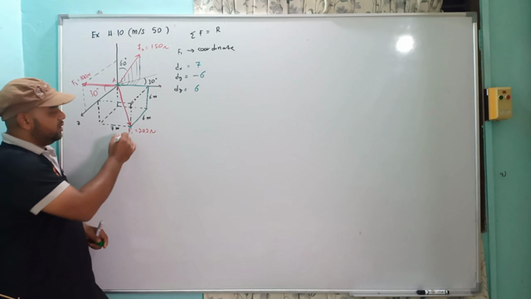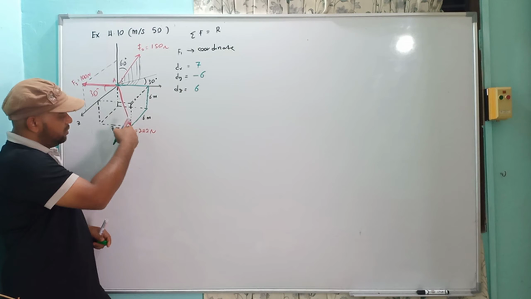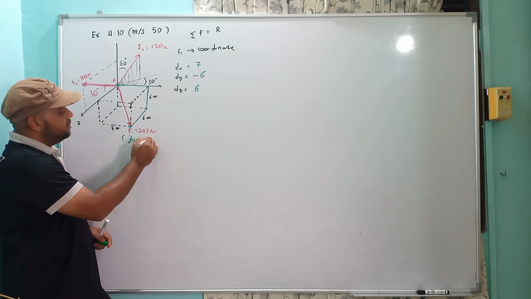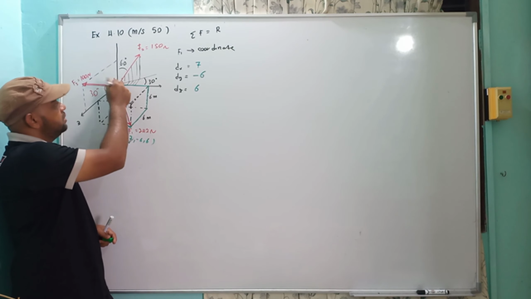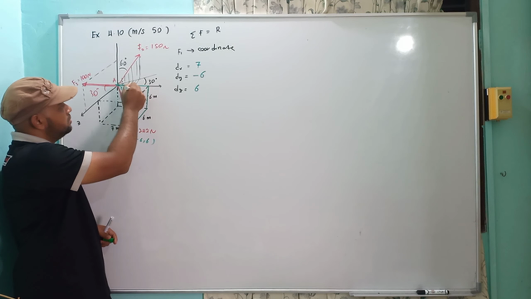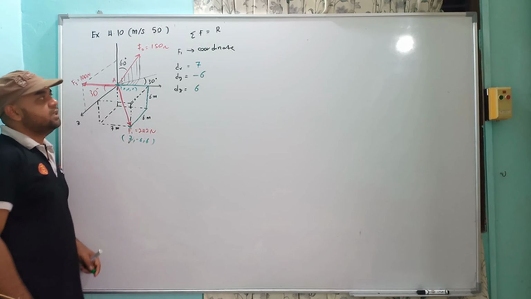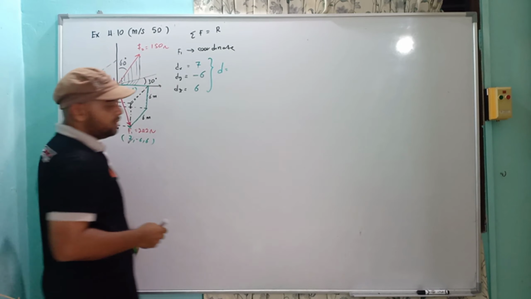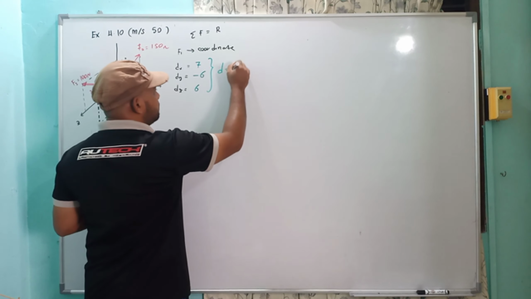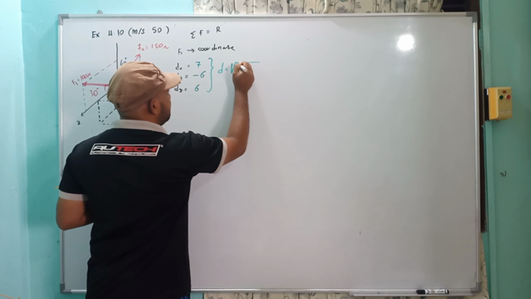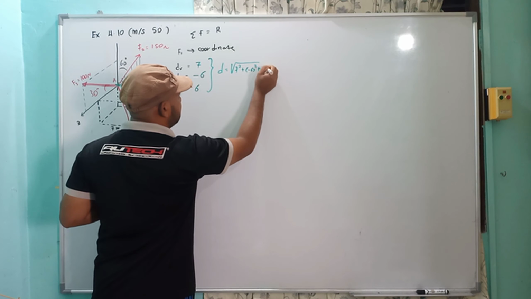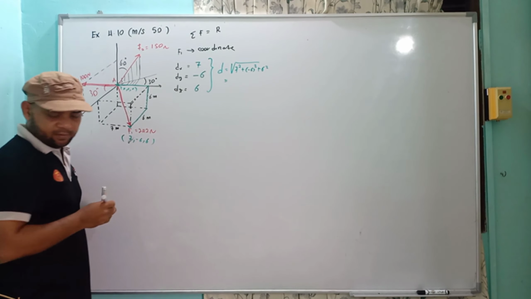Or if you use the coordinates, you get 7, negative 6 and 6, minus 0, 0, 0, and you get the same answer. Then D equals 7 squared plus negative 6 squared plus 6 squared.